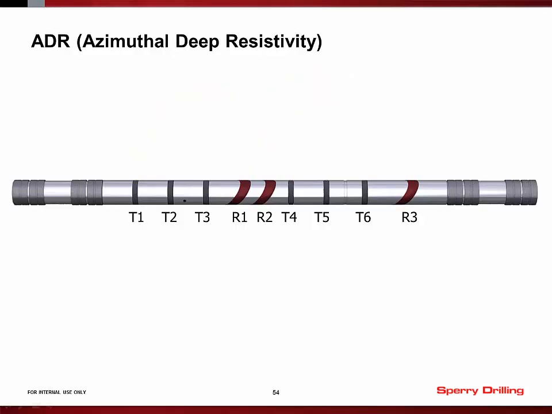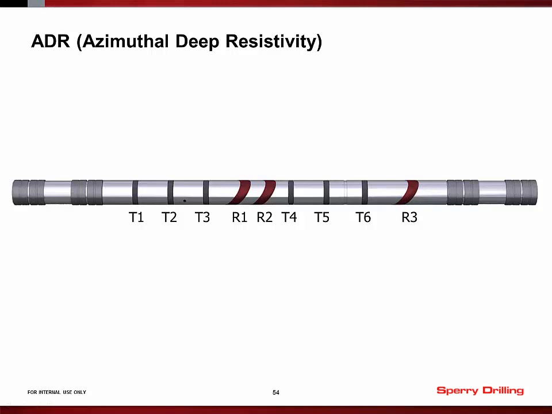The other aspect of the ADR is the geosteering capability, and most of that is driven by the deep receiver, this R3 receiver shown on the diagram. This is a measurement which is called a geosignal.